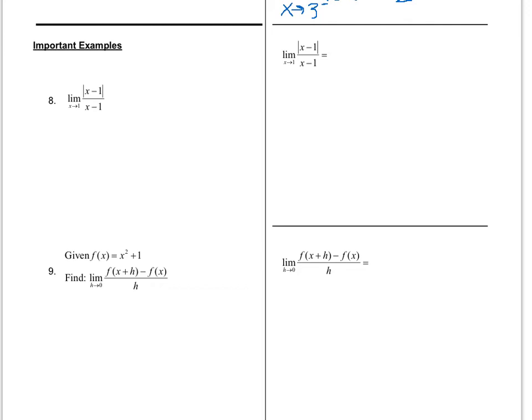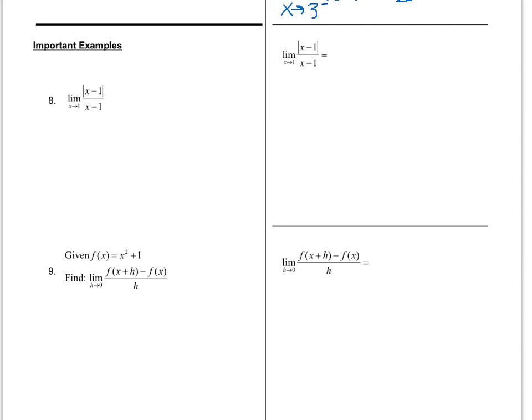Okay, for problem number 8, 8 and 9 are pretty important examples because they tend to show up a lot on the AP exams. It's just a step further dealing with limits than the other examples that we've done. Anytime absolute values are in a limit problem, you have to determine if x is approaching the value that changes whether or not the absolute value signs are needed.